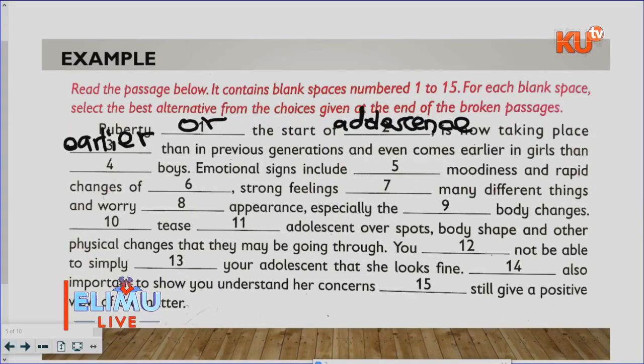Puberty or the start of adolescence is now taking place earlier than in previous generations, and even comes earlier in girls than in boys. So after I have filled, I have to go through the whole passage and read it with the choices that I have placed there.